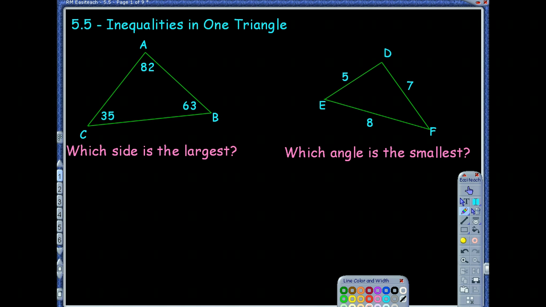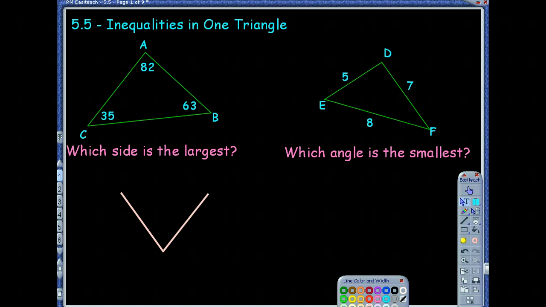I could easily say the largest angle is angle A, but you're not giving me anything about the side lengths, so I'm not going to assume one looks longer or shorter. But I'm thinking maybe segment CB might be the longest. What makes you think that? I'm looking at the angle it's across. The angle that it's across is the largest angle.